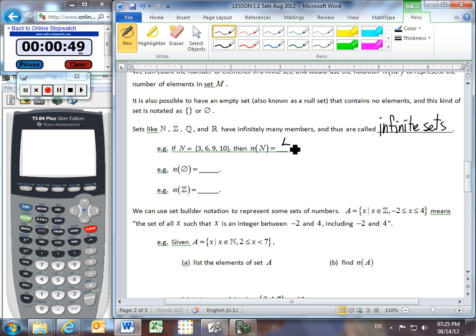There are 4 elements in set N. How about the number of elements in the empty set? Well, there's nothing in the empty set, so the number of elements is 0. How about the number of elements in set Z, the set of integers? Well, we already said that's an infinite set. It's got an infinite number of members, all of the positive numbers and all of the negative numbers.